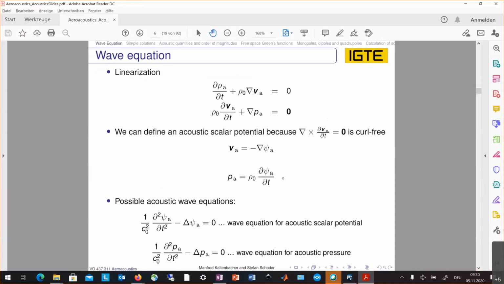But summarizing for us now as engineers, or even if you're physicists, our primary quantity is the acoustic pressure. The acoustic particle velocity is something which is not so clear. We know that it is the velocity of how the particles vibrate within the fluid, but the primary quantity is the acoustic pressure.